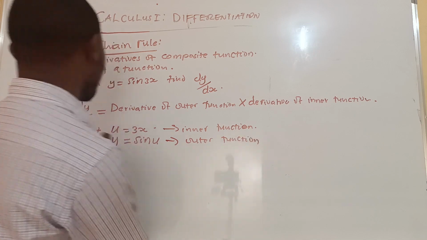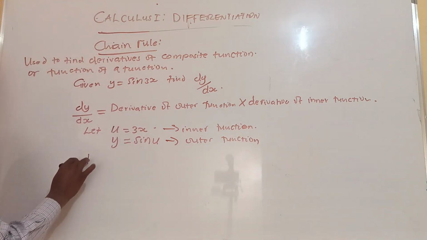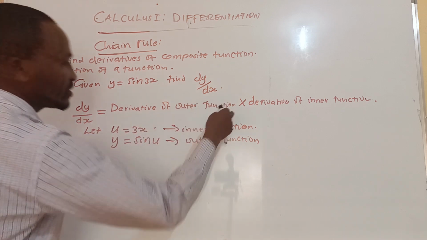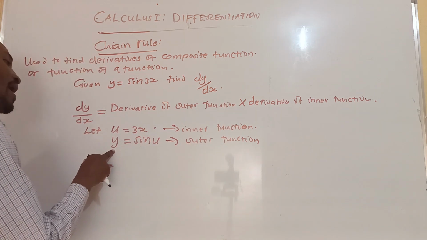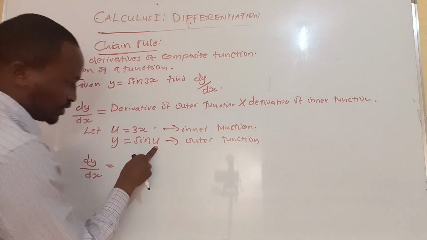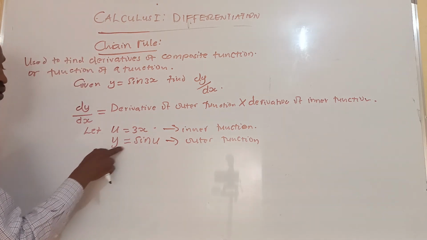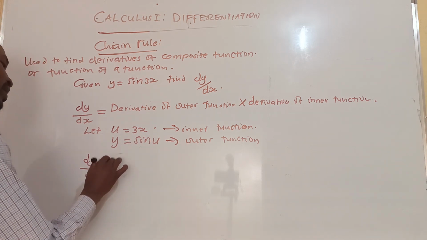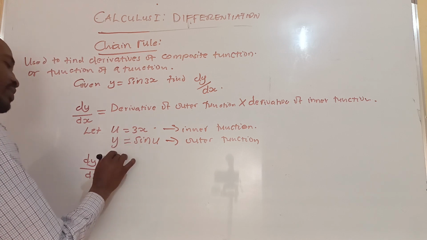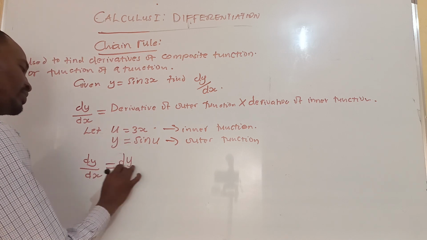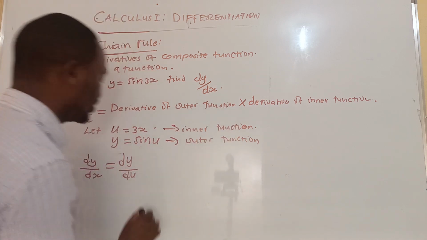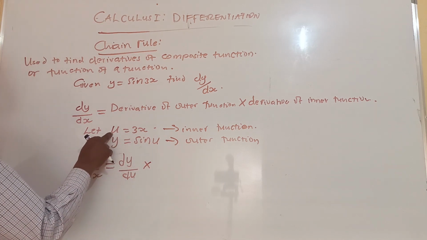So getting dy dx becomes very easy. We have said, derivative of the outer function. You can notice now y is a function of u. This is the dependent variable, and u is now the independent variable. On differentiating this, we are differentiating y with respect to u, or we are getting dy du. That's the derivative of the outer function times the derivative of the inner function.